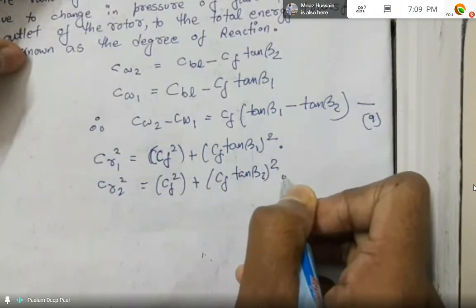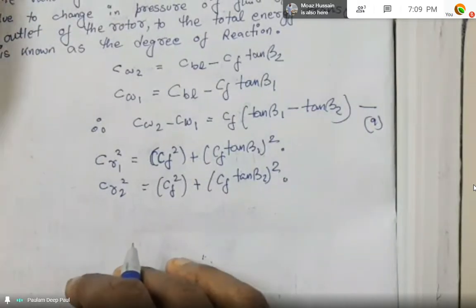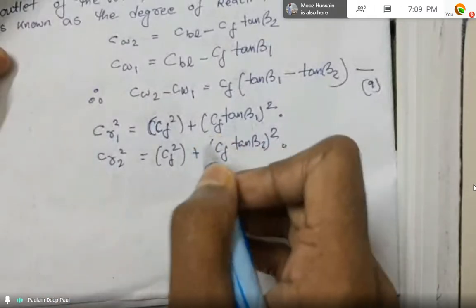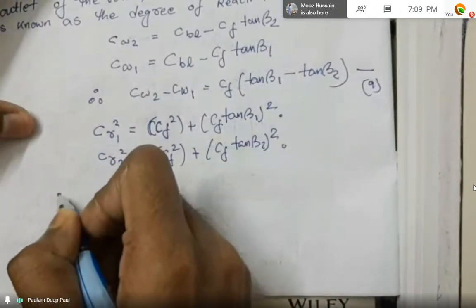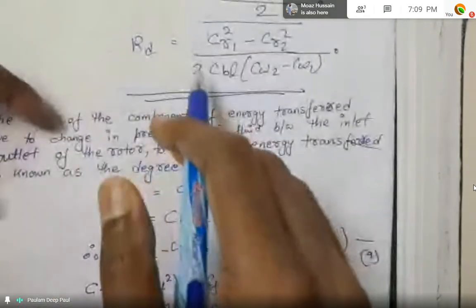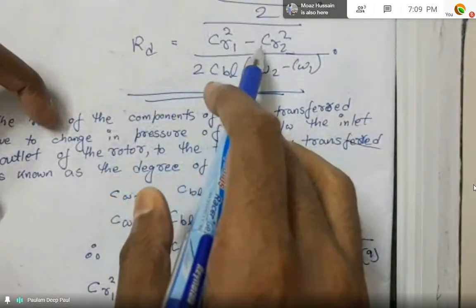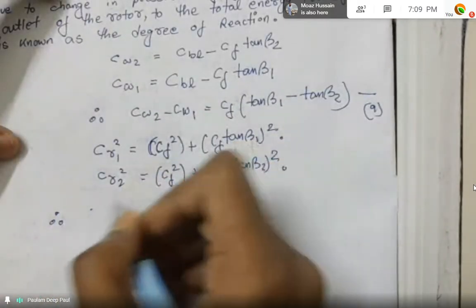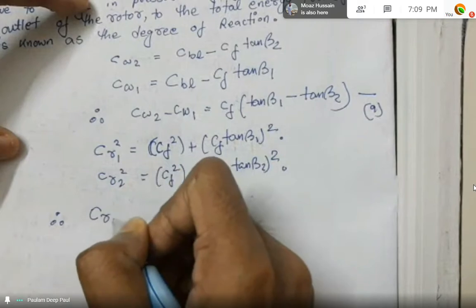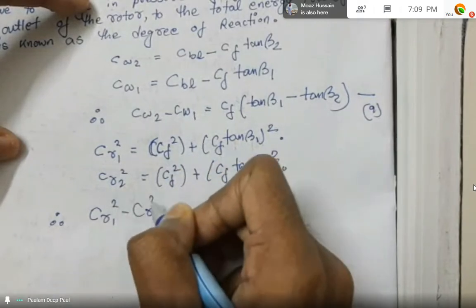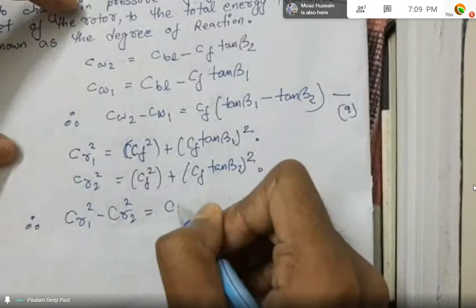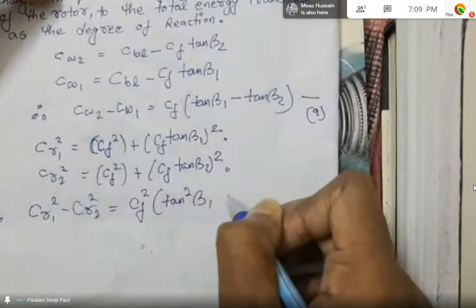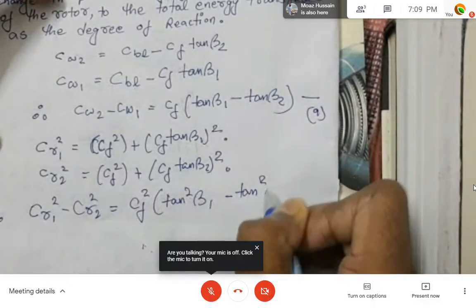These are simple relations from the Pythagoras theorem that we derive by following the velocity triangles. So I'll deduce the expression Cr1 square minus Cr2 square, and from these relations we get Cf square times tan square beta 1 minus tan square beta 2.